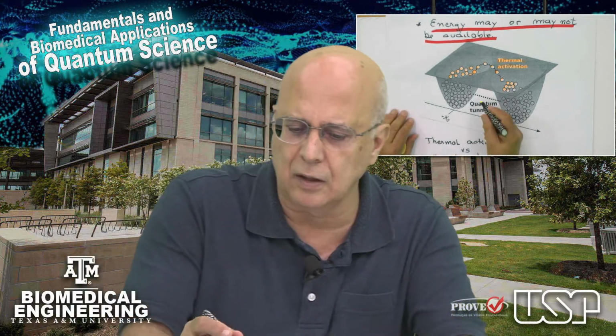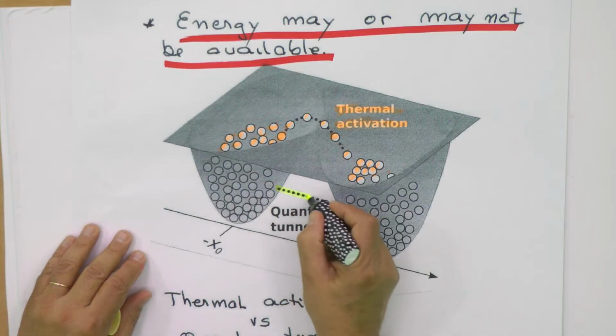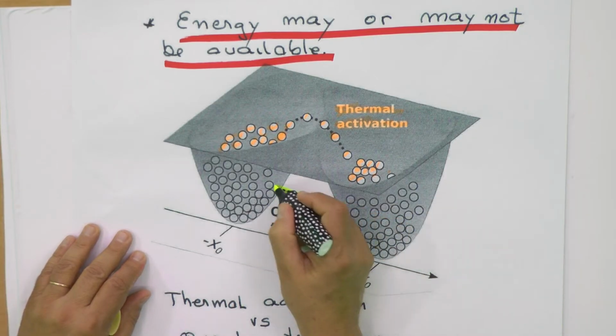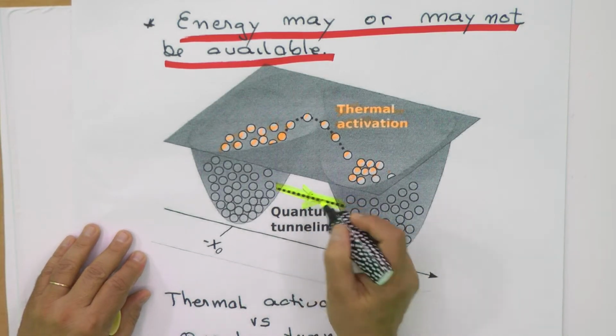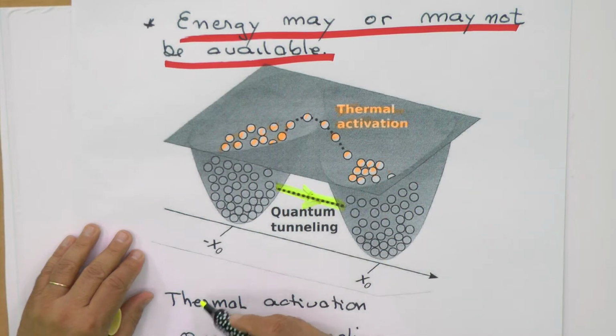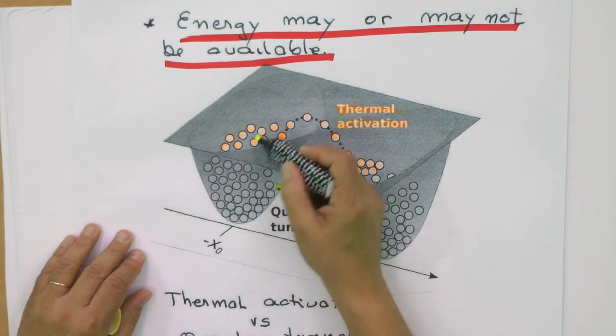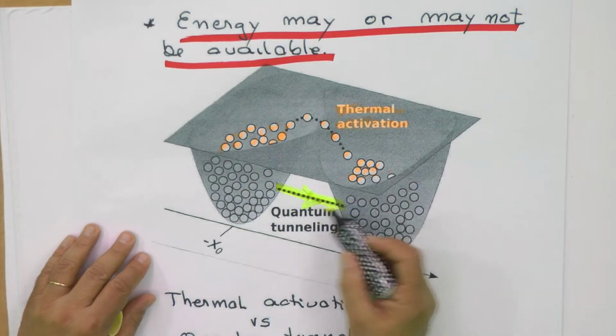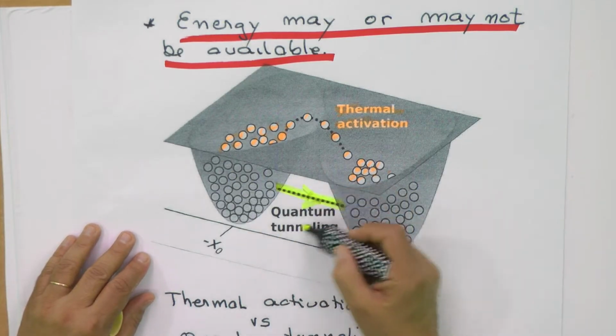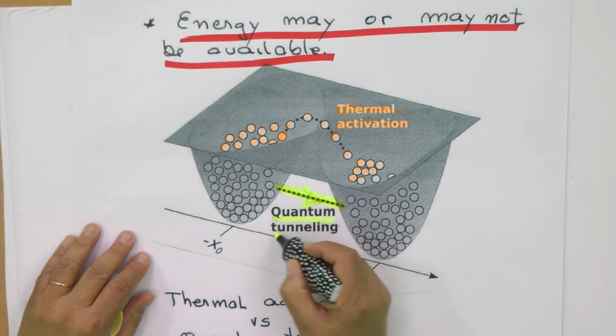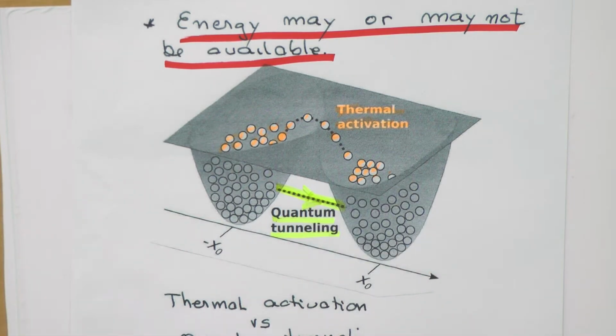But there is an important one, which is tunneling. Tunneling is a different thing. Particles will not get thermal energy and overcome the barrier. They will pass through the forbidden region, and then quantum tunneling may take place.